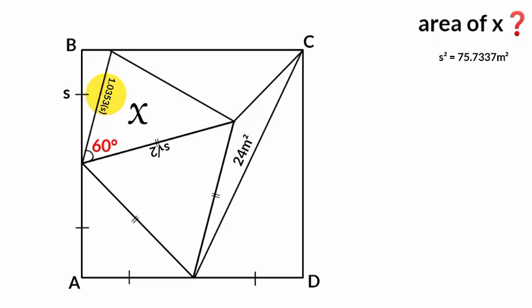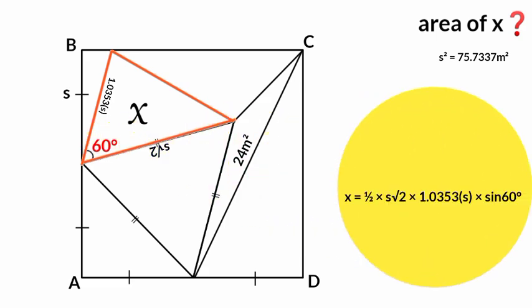Now, one of the formulas for calculating the area of a triangle is half the product of the lengths of two of its sides multiplied by the sine of the angle between them. So to find the area of this triangle X, we multiply 1/2 by the product of this and this side here times the sine of this angle. Therefore X equals 1/2 times s root 2 times 1.0353s times sine 60 degrees. 1/2 times s root 2 times 1.0353s is 0.634s squared.